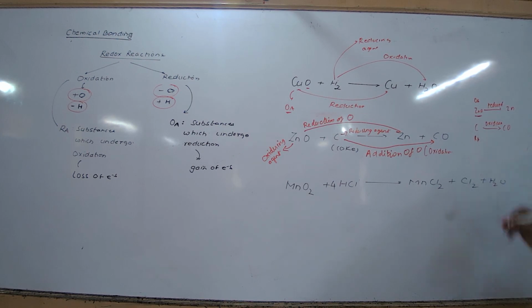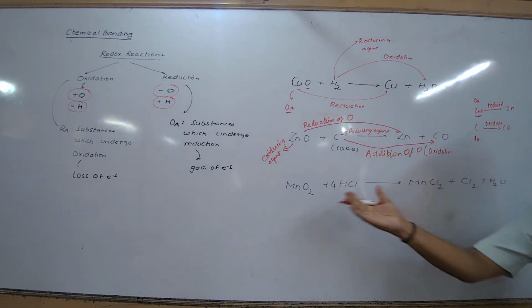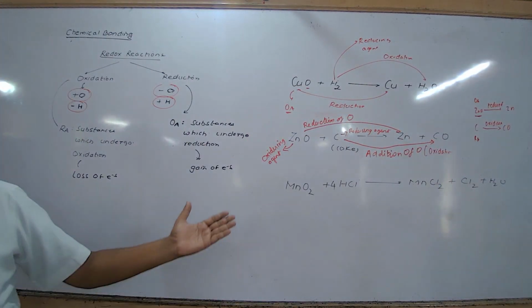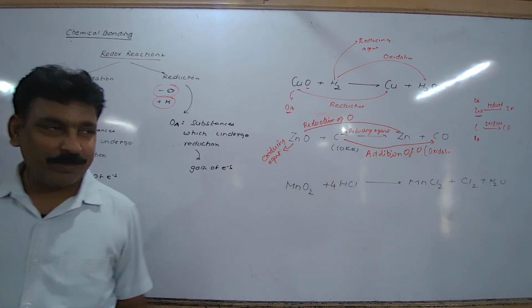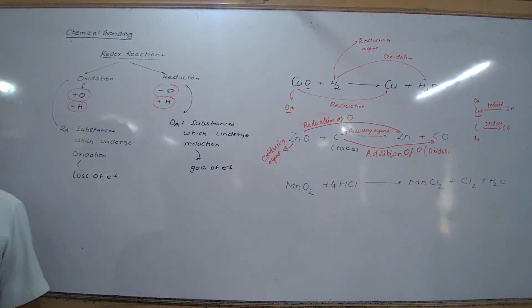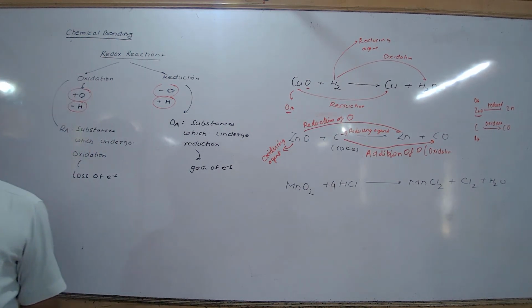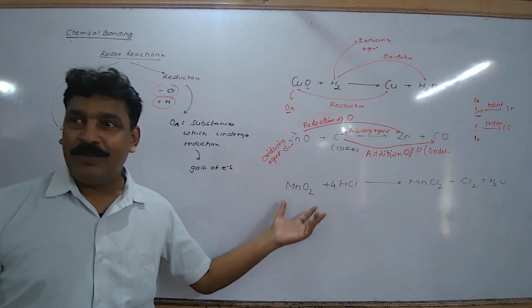Now who would like to come to the last page? Come on, come here. How will you write which is undergoing oxidation, which is undergoing reduction? Nothing to worry. This side, come.